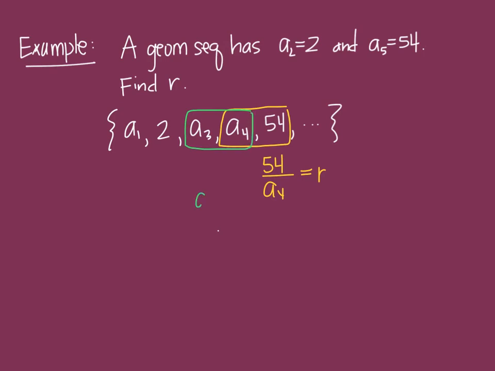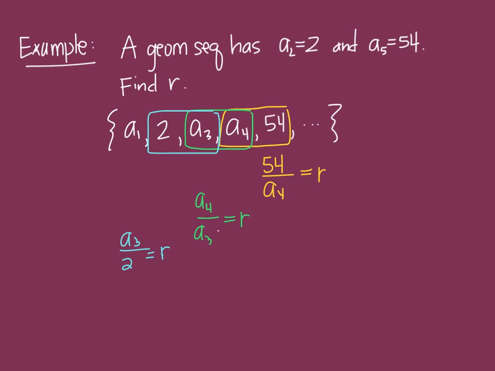That one, A sub 4 over A sub 3, that should also be equal to R. If I go back another set, the next pair, A sub 3 over 2, that should also be equal to R. Any pair of consecutive terms in a geometric sequence should be equal to R.